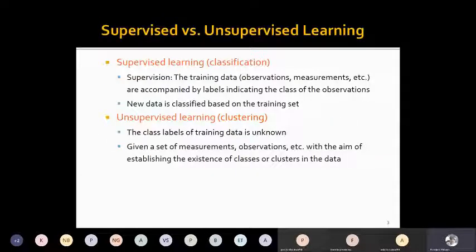So supervised learning, we can term it as classification, also regression, and here it is supervised. That means we need a set of training data, and using this training data we train a model, and then we test it on a test data set.